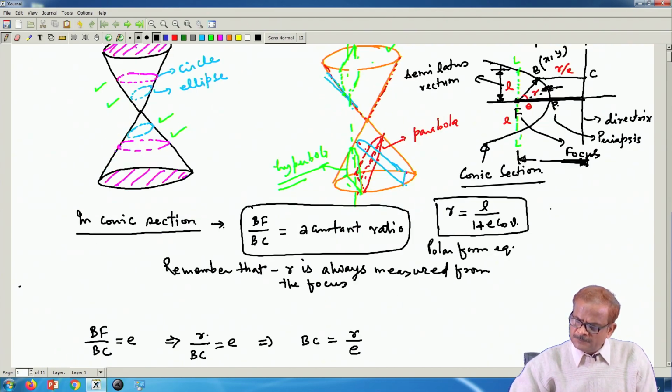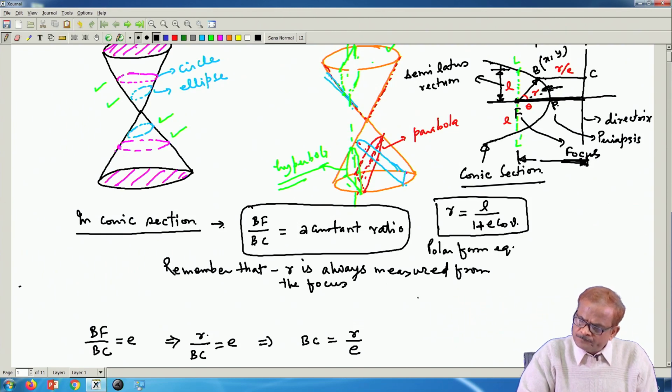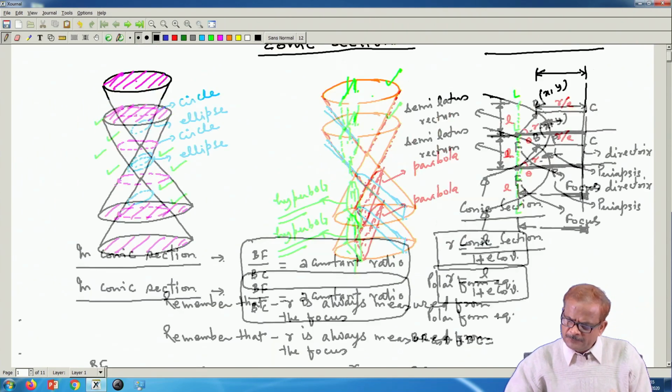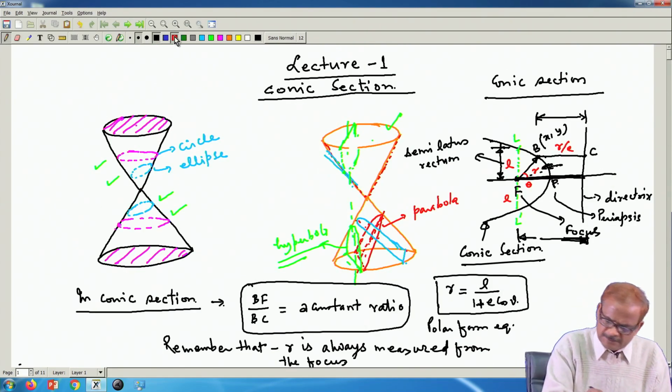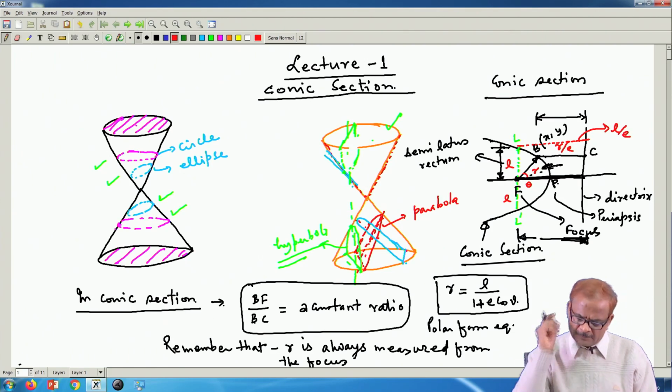So, this distance you can write as BF cos theta plus BC, and let us make another line here. You can take it from this place and this will be L by E.